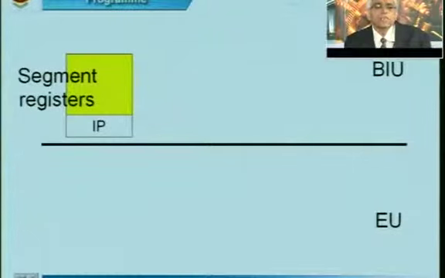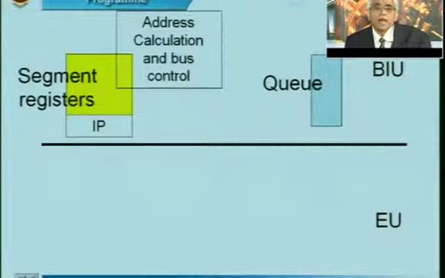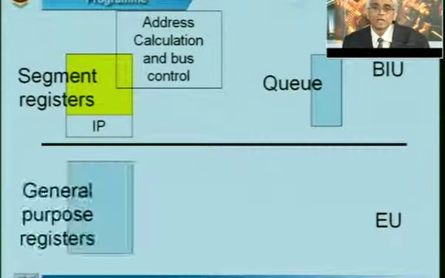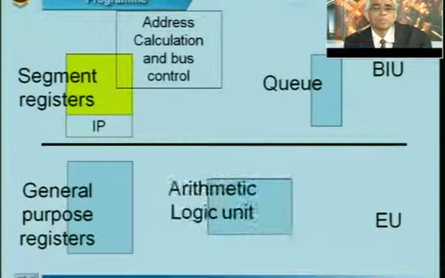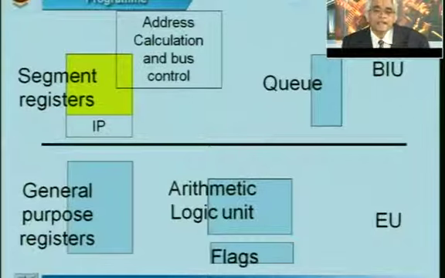We have the segment registers and an instruction pointer, this is another block, and we have a queue, and we have the address calculation and bus control. These are the blocks in the bus interface unit. In the execution unit, we have the general purpose registers, the arithmetic logic unit and the flags. I am just giving you a block diagram here, and we will talk about each of them in greater detail as we go further.